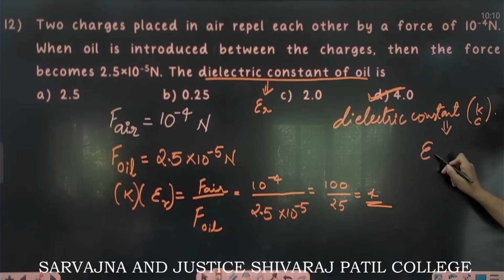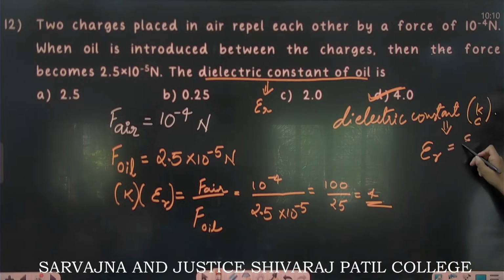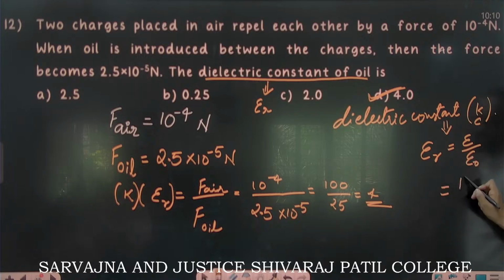Relative permittivity is epsilon r. Epsilon r is epsilon of the medium divided by epsilon naught. In terms of force it is force in air by force in medium.